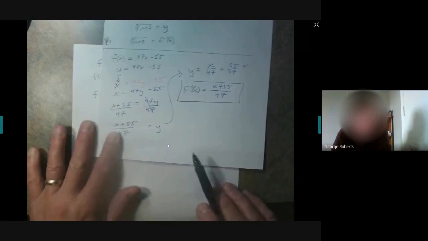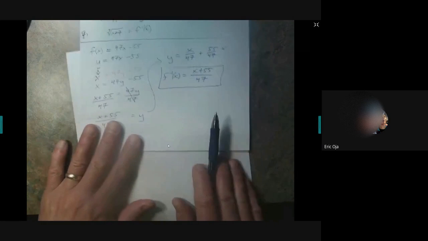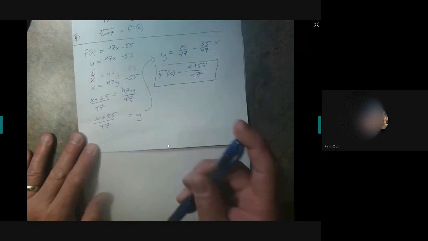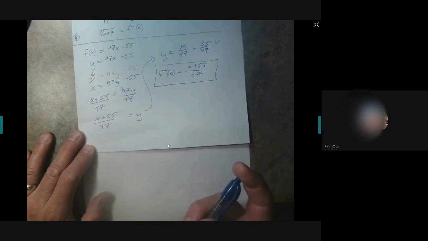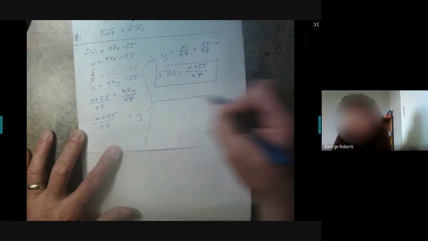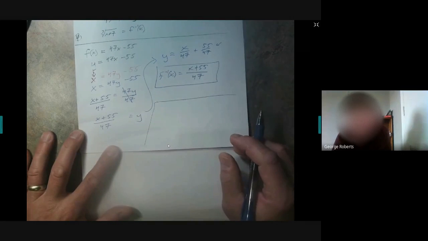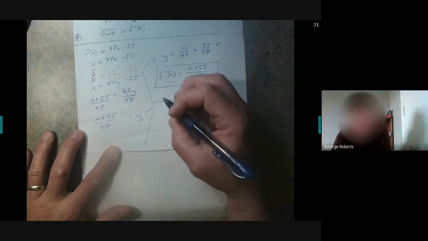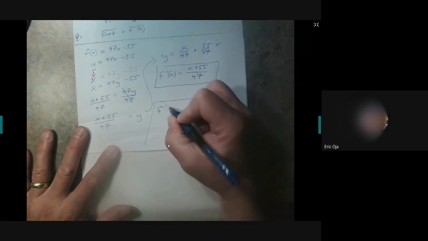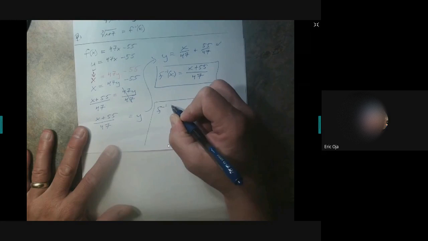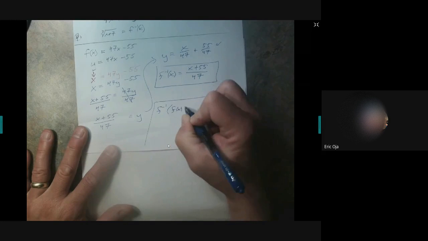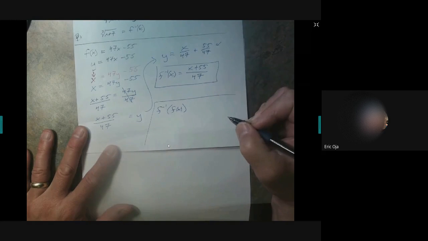So we're doing f inverse of f of x. What's that going to look like? I'll use the nested notation, okay?